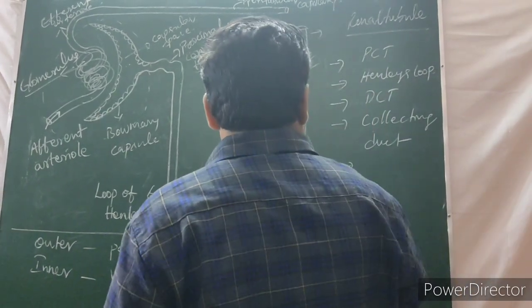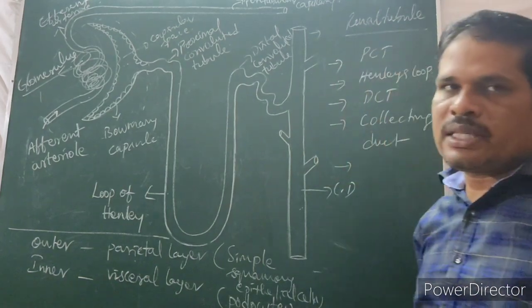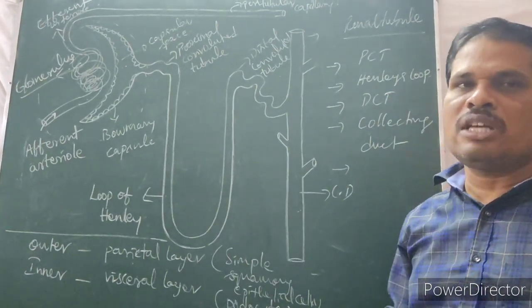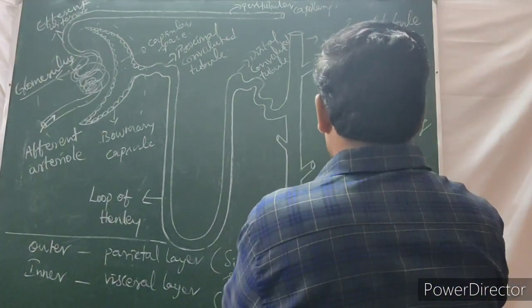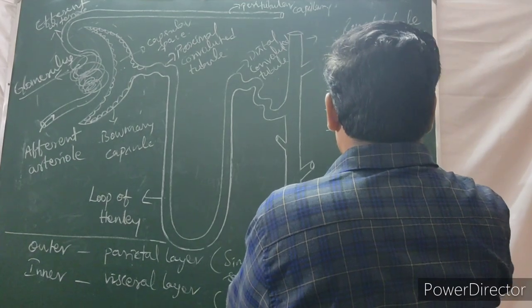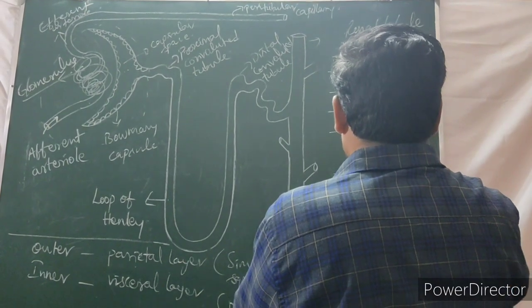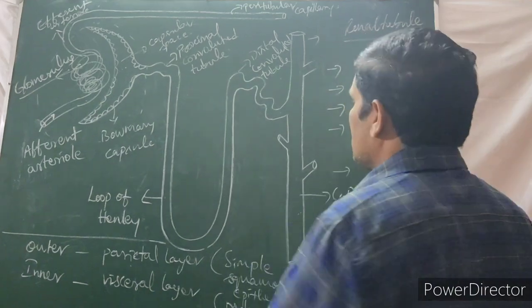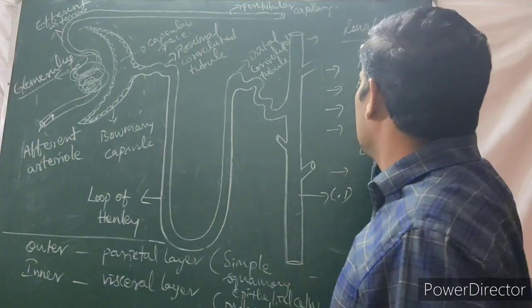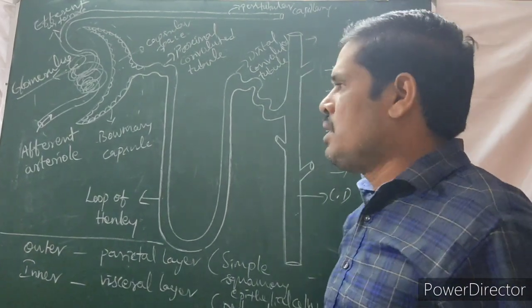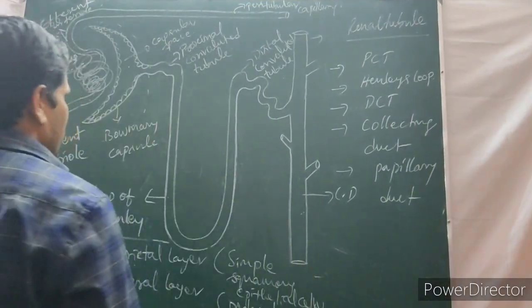All these collecting ducts merge together to form the papillary duct. These are the important parts under the renal tubule. Now we are going to discuss them one by one.